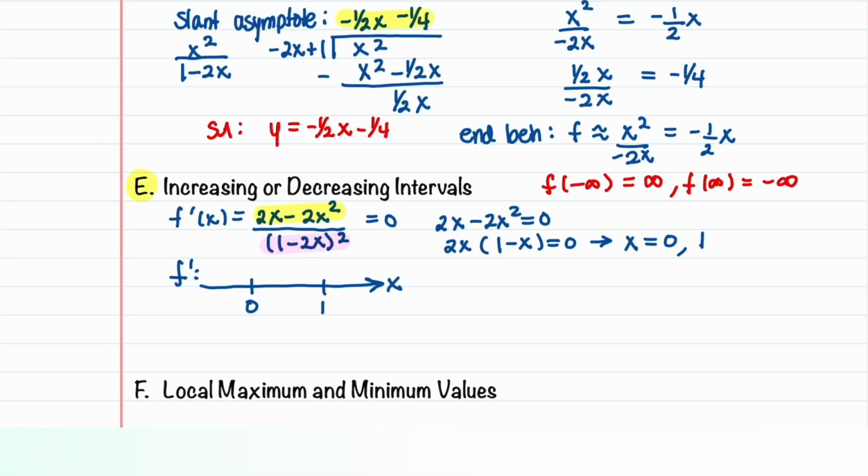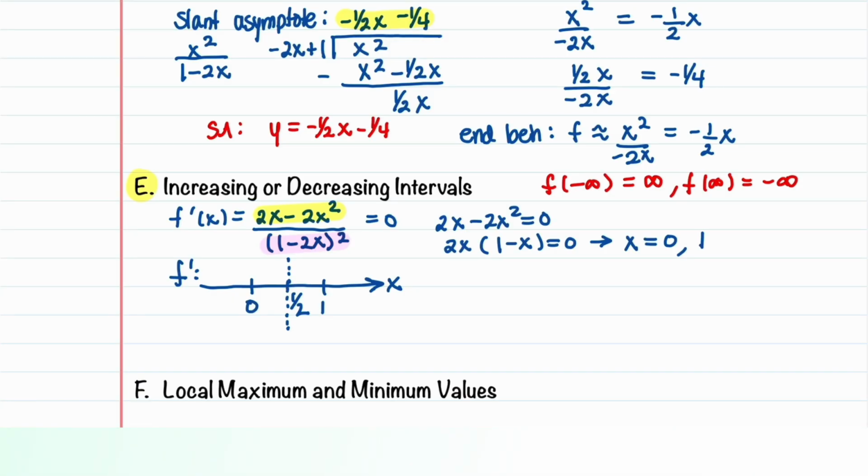The other thing that we need to add to our number line is where our function f prime is undefined. We found that the denominator is going to be equal to 0 at 1/2. So let's put a little dotted line here, because sometimes our function can change from increasing to decreasing at a vertical asymptote. So we have to put that in our graph.